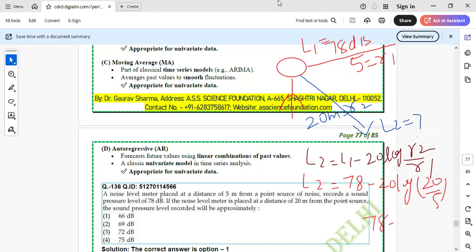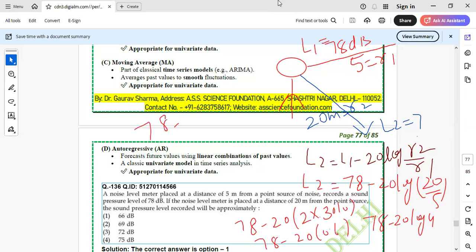So it will be 78 minus 20 log 4. Log 4 is basically 2 log 2, and log 2 is 0.3010. So it comes out to be 78 minus 20 into 0.6, which is 78 minus 12, which comes out to be 66. So 66 dB is the correct answer.